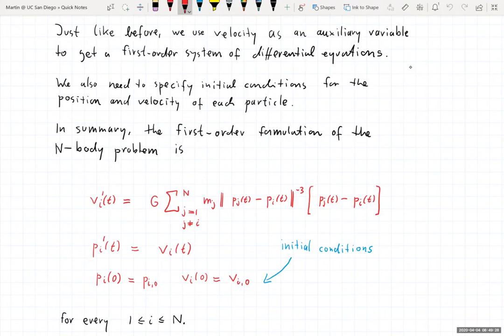Where did this bring us? A system of n second-order differential equations in n vector-valued unknown functions.